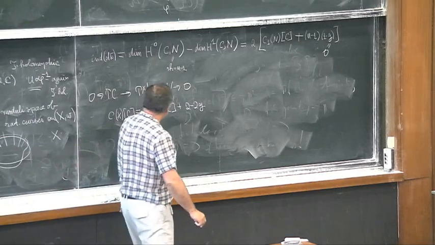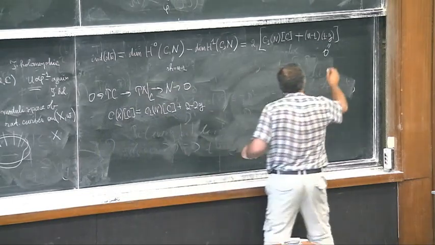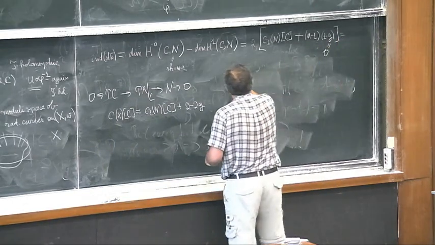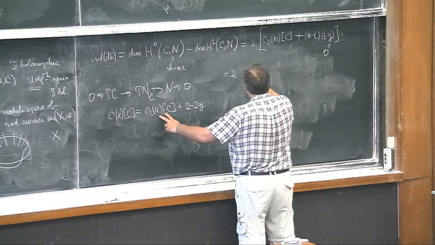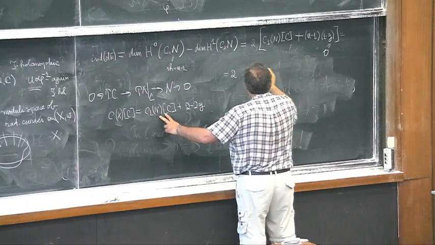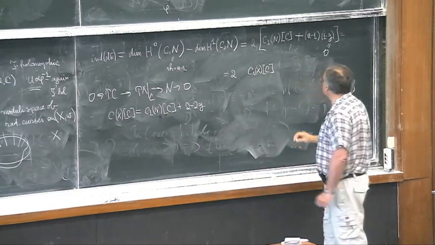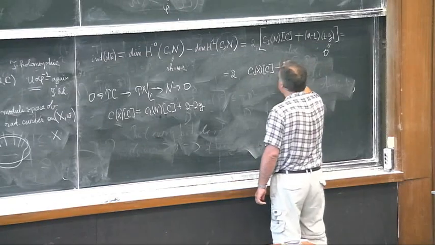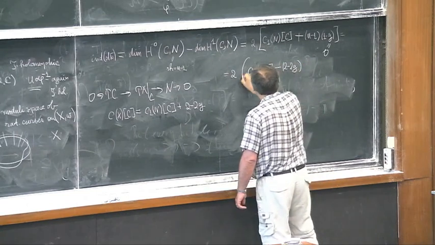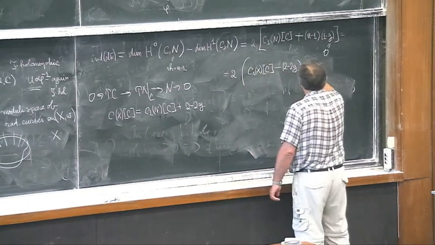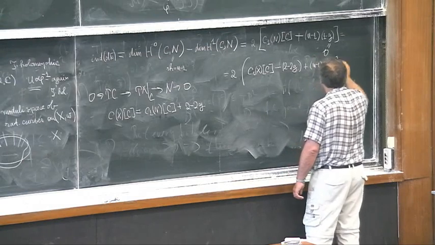And now I can put C1 into my formula. So I will have 2 times C1 of X on C. So these are computable things. Minus 2 times (minus 2g) plus (n minus 1) times (1 minus g).